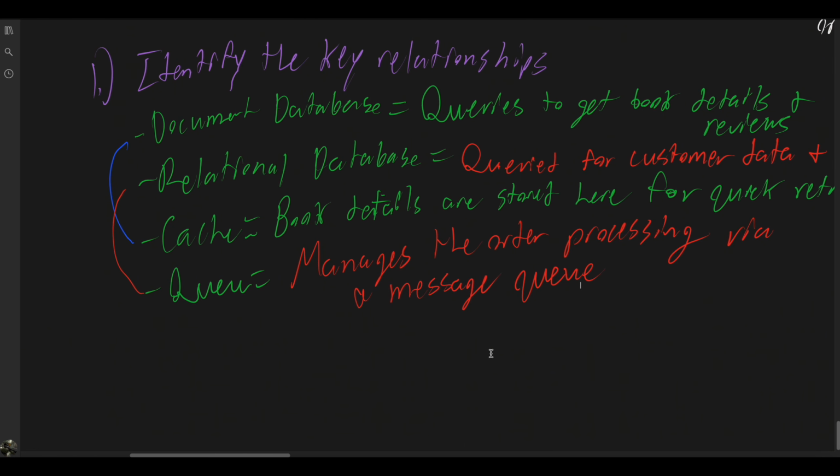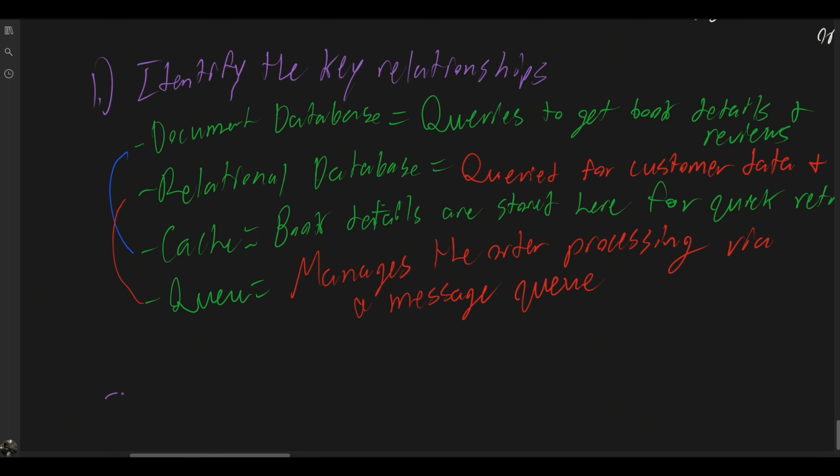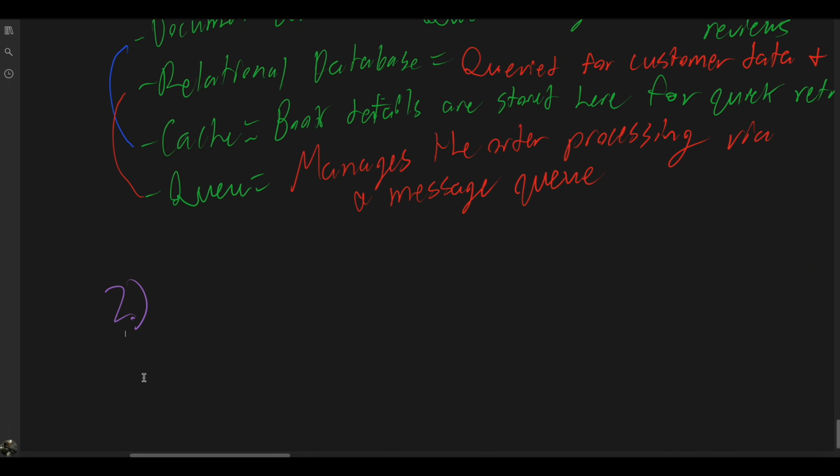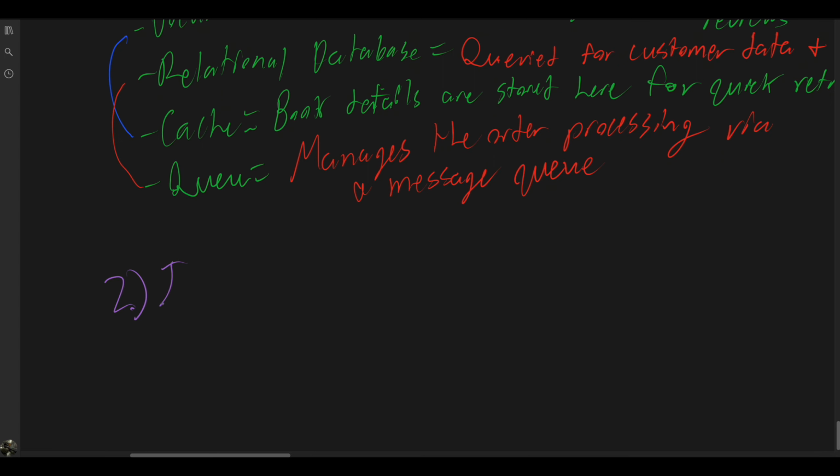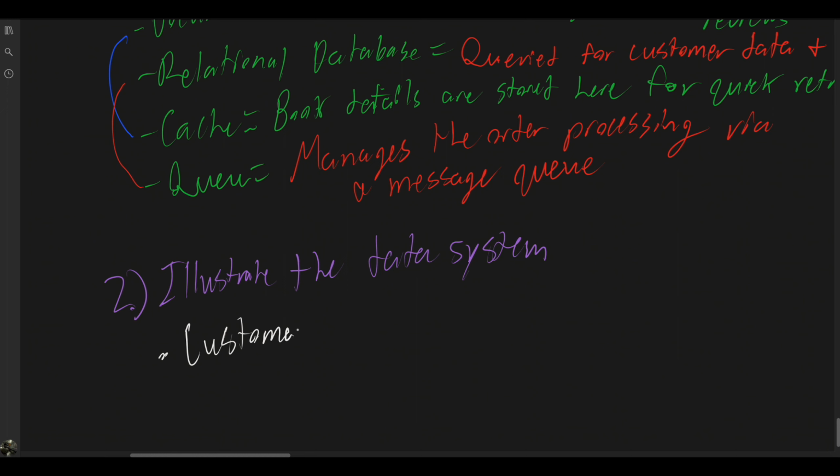Then step 2, illustrate the data system. And to give that overview, namely, what would happen is that we'd start with the customer first, placing the order.